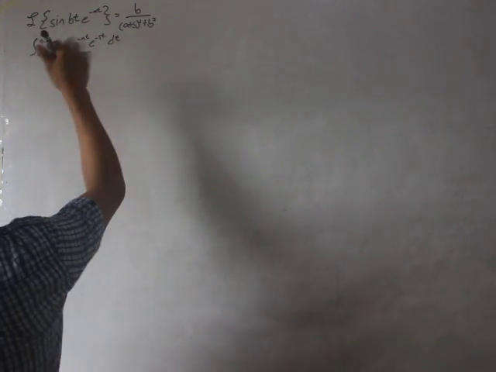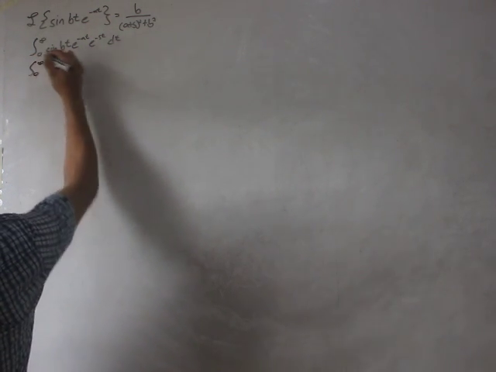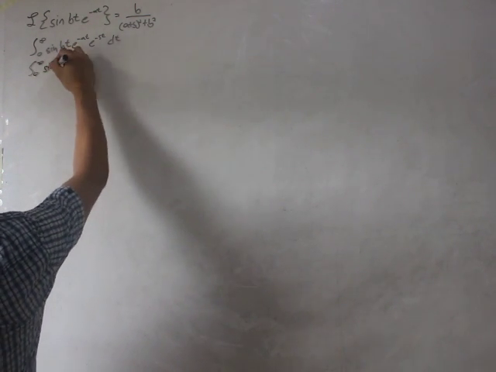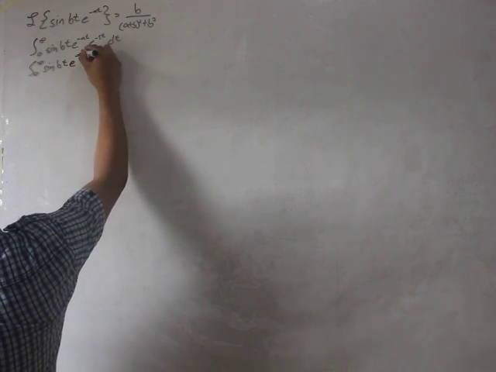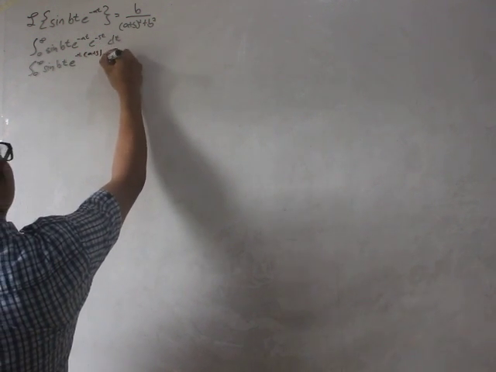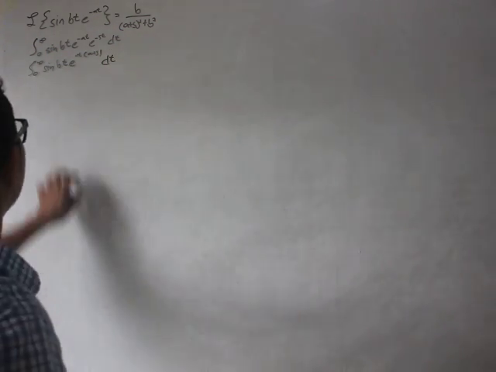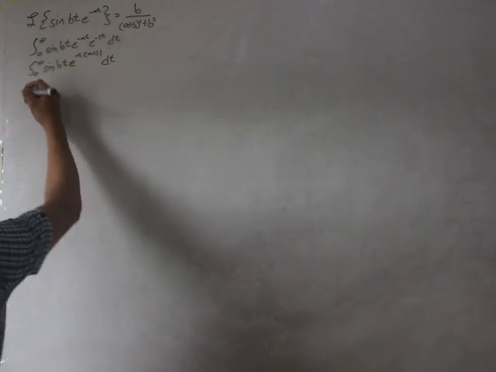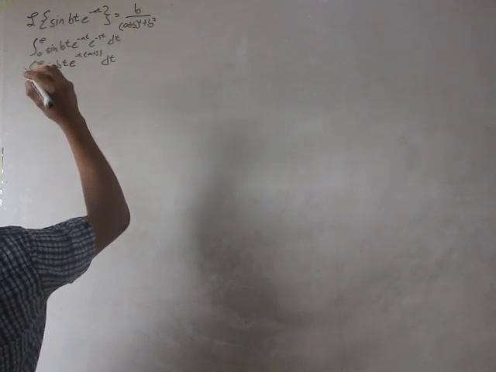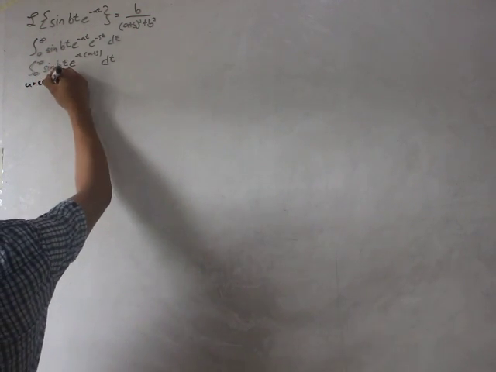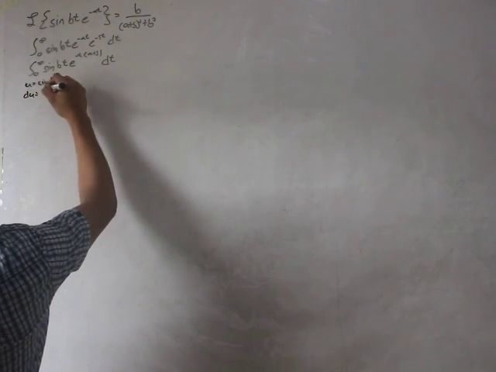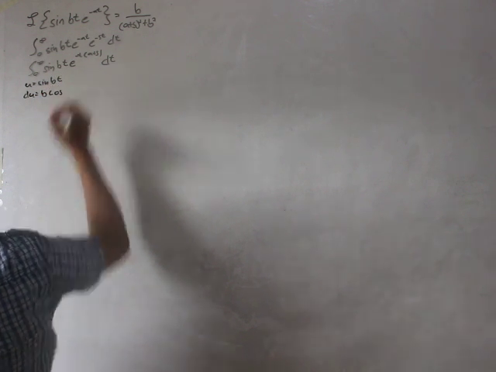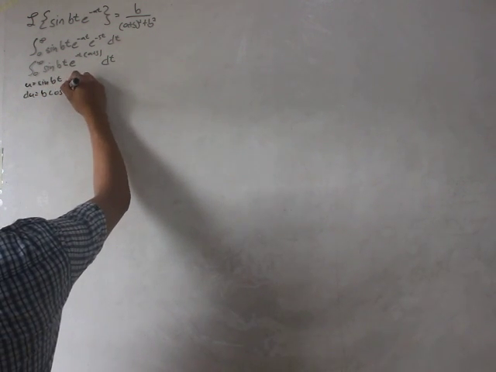We combine like terms and we have the integral from 0 to infinity of sin bt e raised to negative t times (a plus s) dt. Next, we use integration by parts. So our u is sin bt and our du is b cosine bt dt.